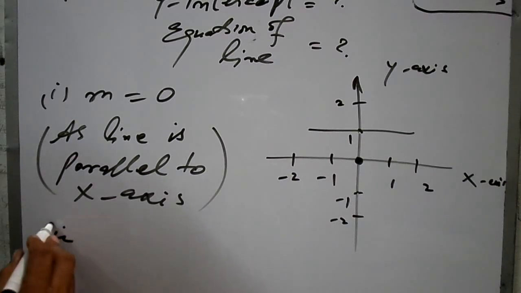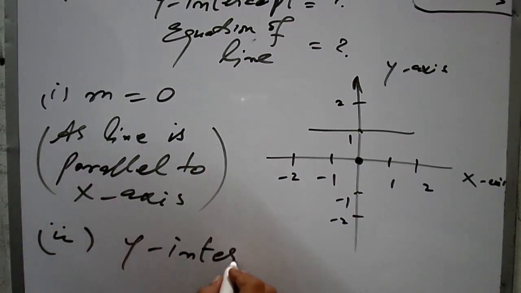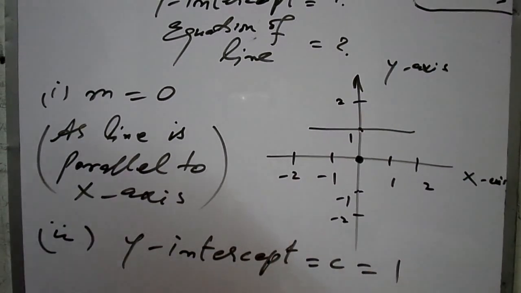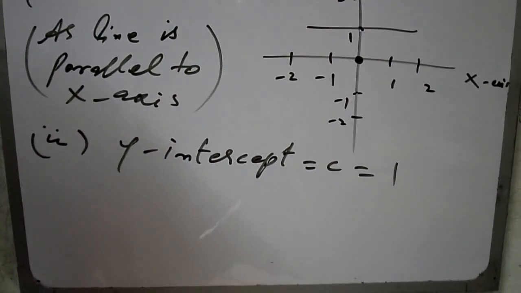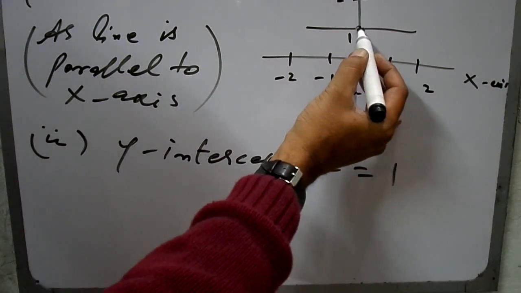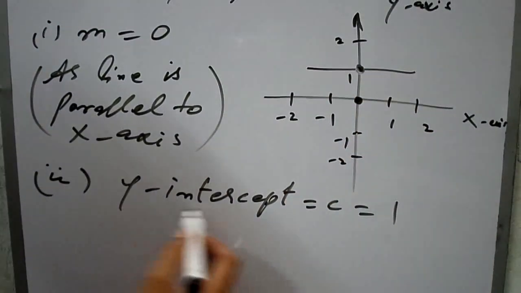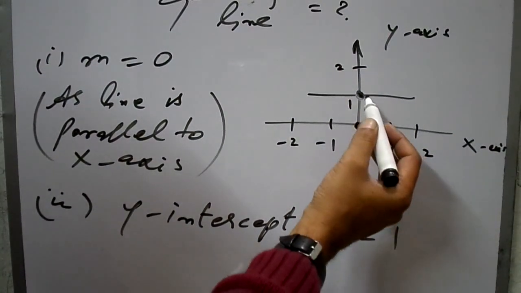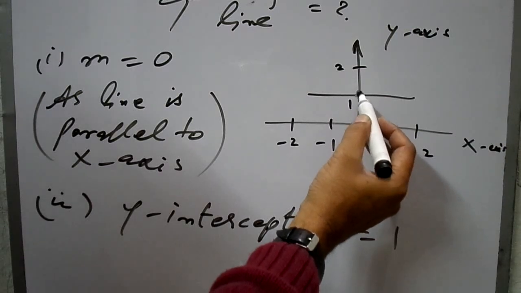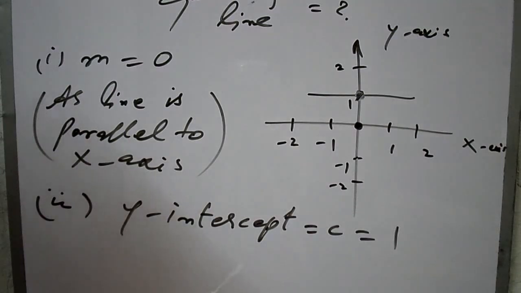And the second thing is we have to find the y-intercept. The y-intercept is equal to c, and c is equal to 1, because this is 1 and this is 2 and so on. The y-intercept means c, so on the y-axis it is equal to 1. Therefore that is the result.